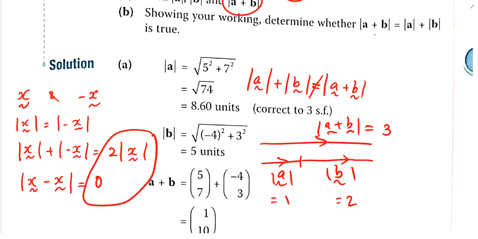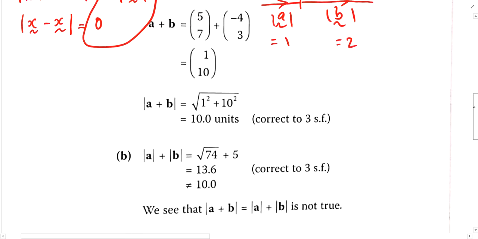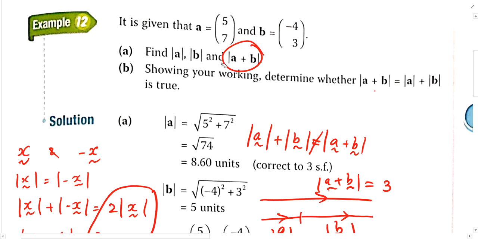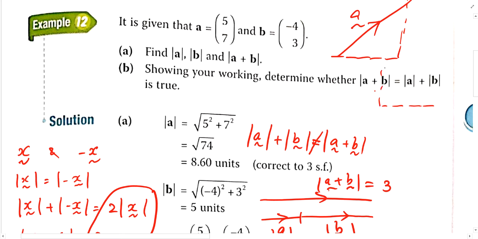The moment they are in different directions, for example in this case, which I asked you to visualize already, vector A is 5 right and 7 up. This is our vector A. Then vector B is 4 to the left and 3 up. This is my vector B. They are not opposite, they are in different directions. So I cannot simply add up the magnitudes to get the overall magnitude.